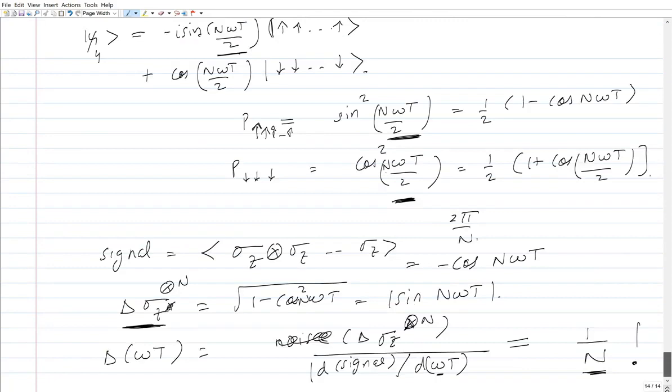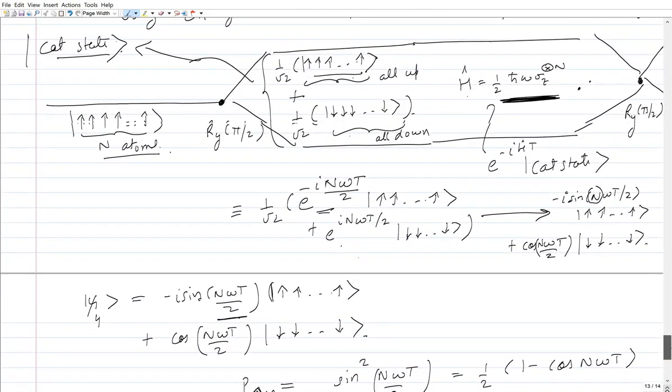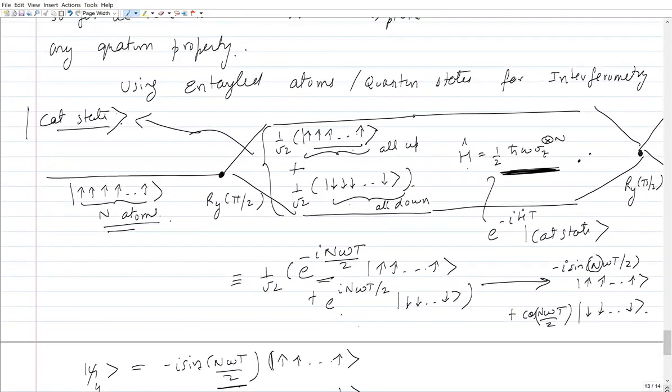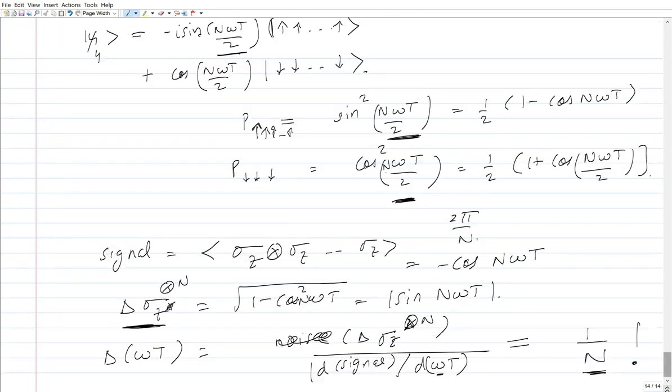Through my quantum protocol, I used those n atoms, but I was able to combine them as an entangled state, an equal superposition of all up and all down, the Schrödinger's cat state of n atoms. And when I computed the variance of my estimates and rescaled it, I got 1 over n scaling.